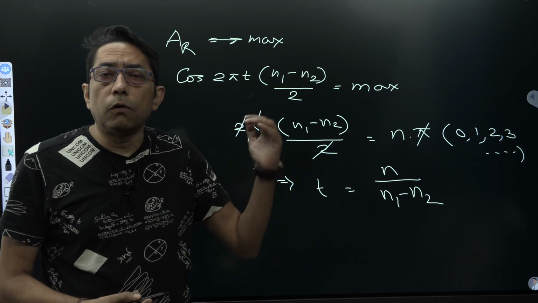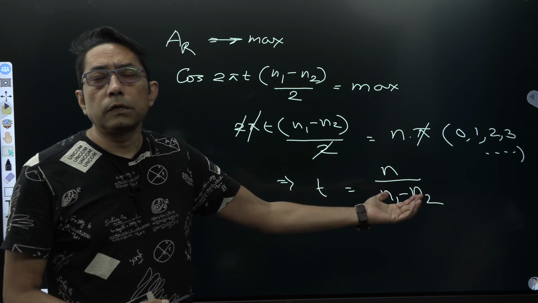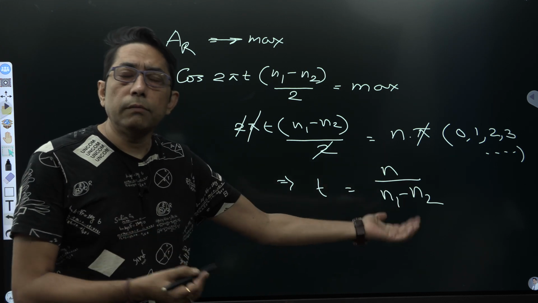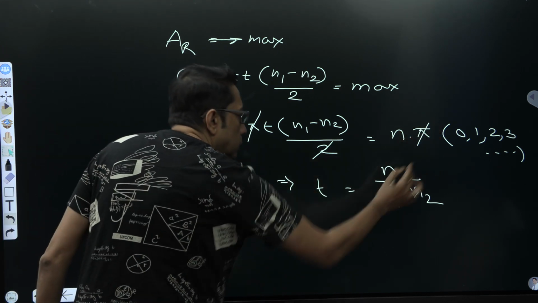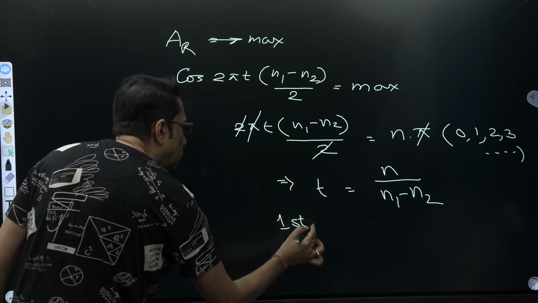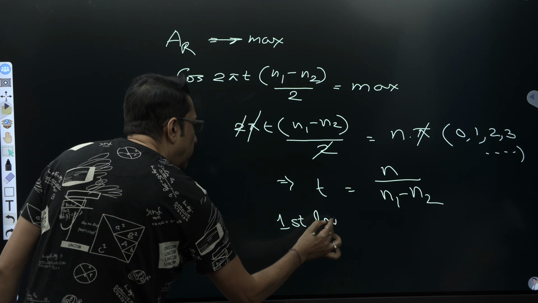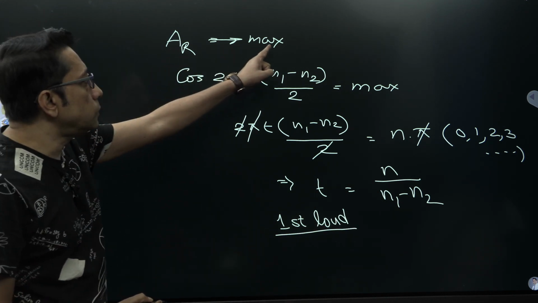First time loud sound, n equals 1. Second time loud sound, n equals 2. Third time loud sound, 3, just like that. So n is a positive integer. Let us put n equals 1 for when we heard the first loud sound. Why loud sound? Because amplitude has been taken maximum.